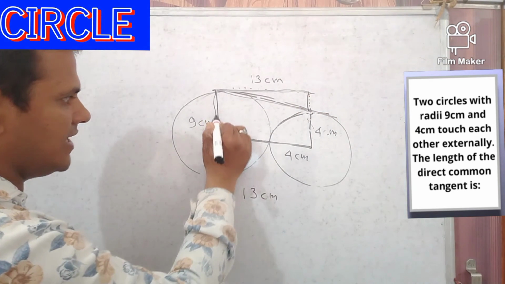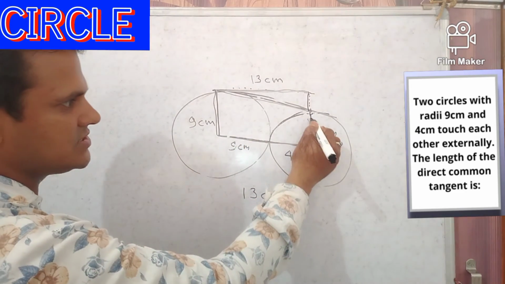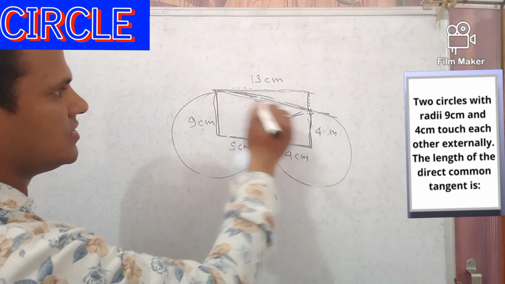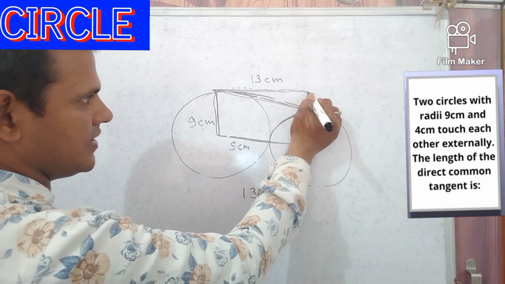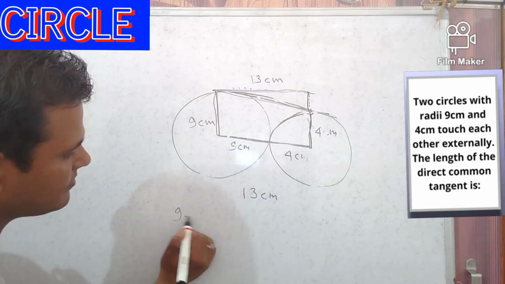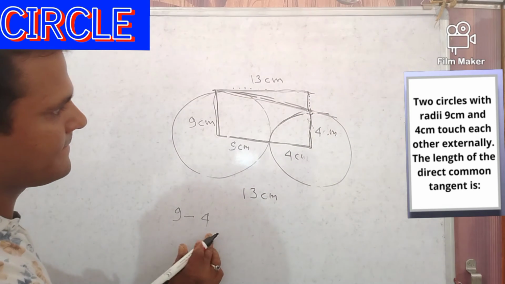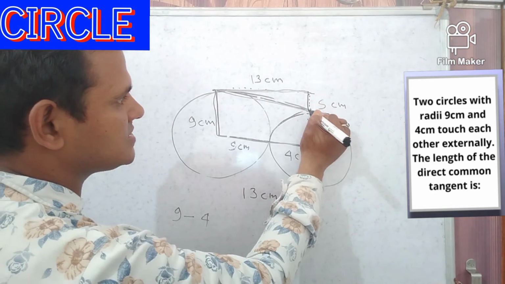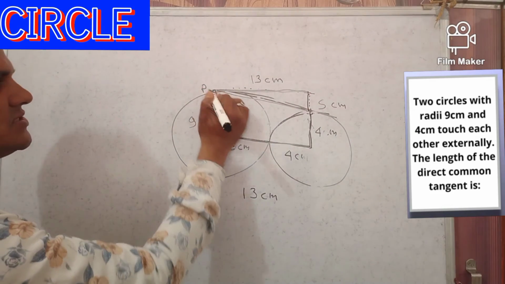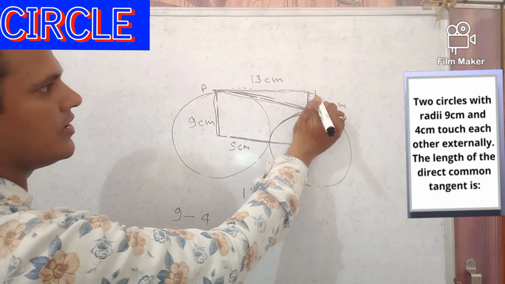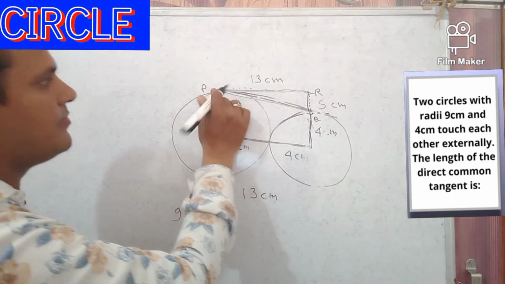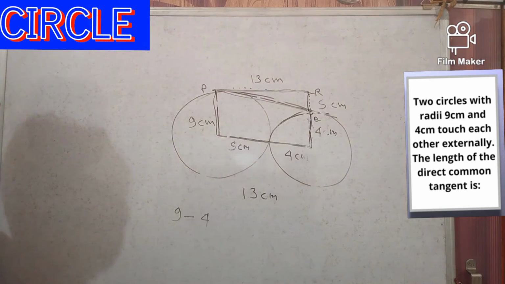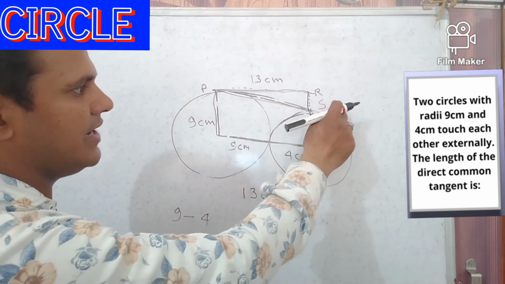The total length is 9 centimeter and this radius is 4 centimeter, so 9 minus 4 will be 5 centimeter. So this length is 5 centimeter. Assume this is P, Q and R. So we have PR equal to 13 centimeter and RQ is equal to 5 centimeter.